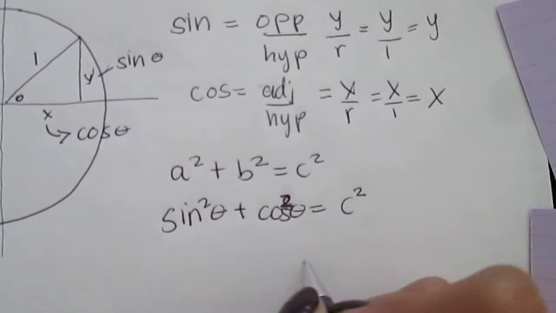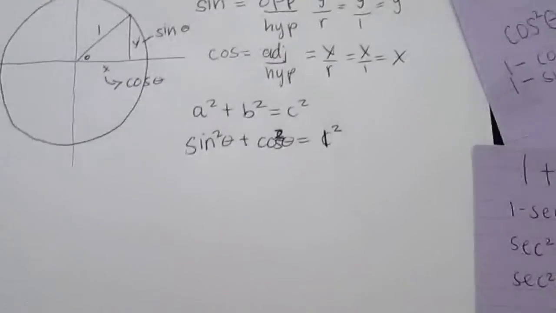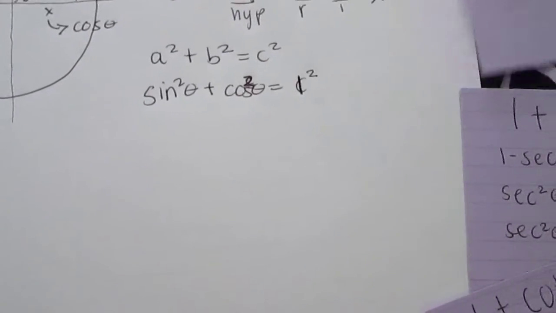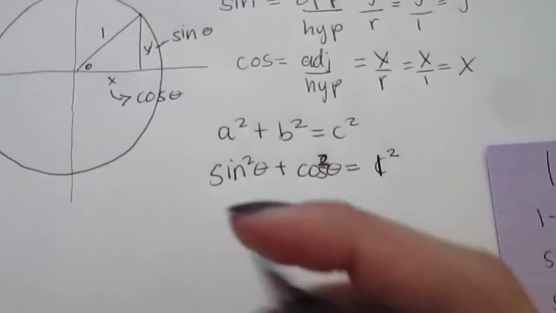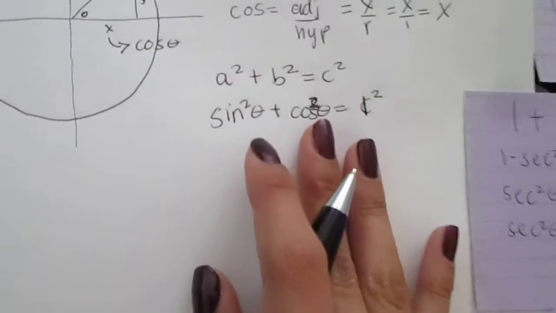And c is 1, so equals 1 squared. And from there we can derive the rest of the identities. We do two steps, or equations.